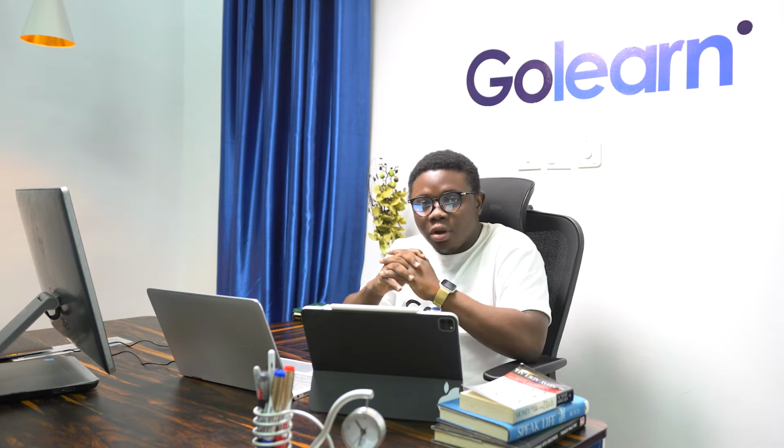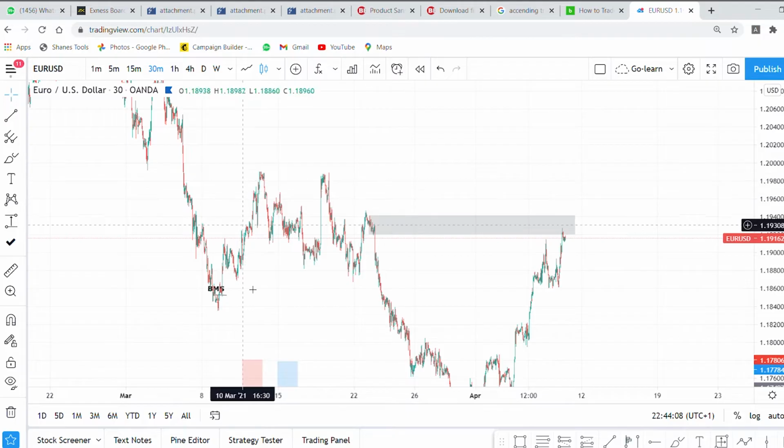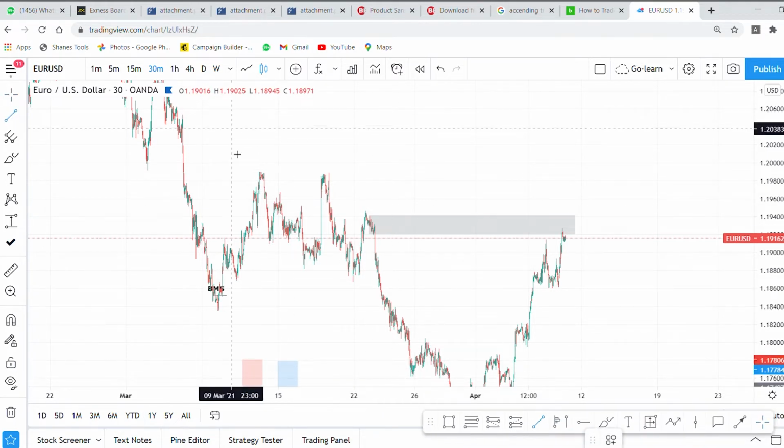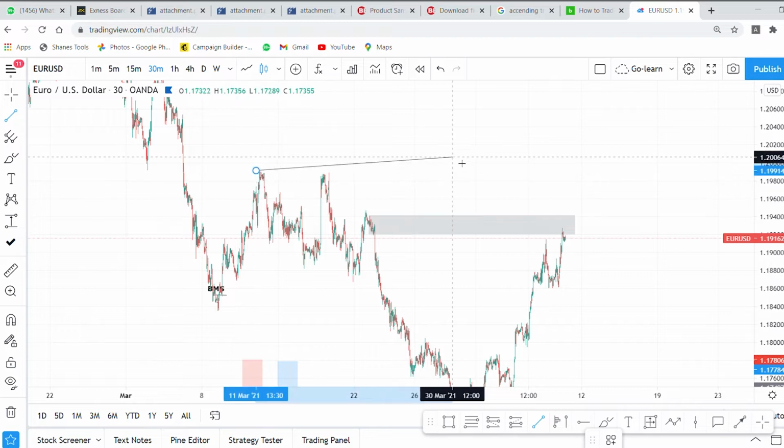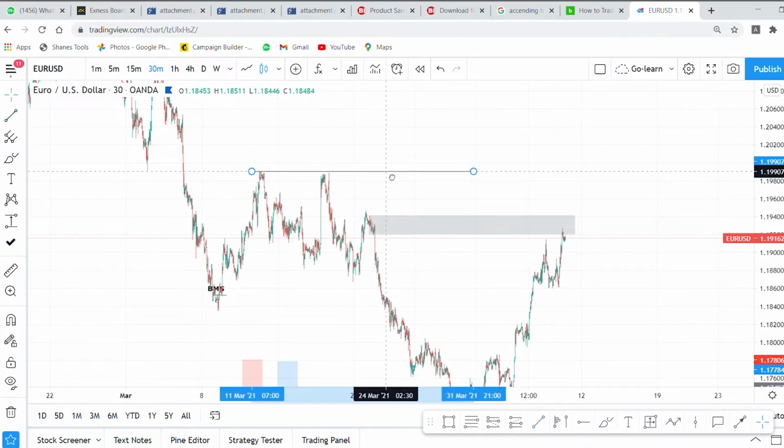They will try their best to take out the stop losses of those traders that have theirs there. So anywhere you find equal highs and equal lows in the market, just mark it out with your trend line tool. It's an area of liquidity.